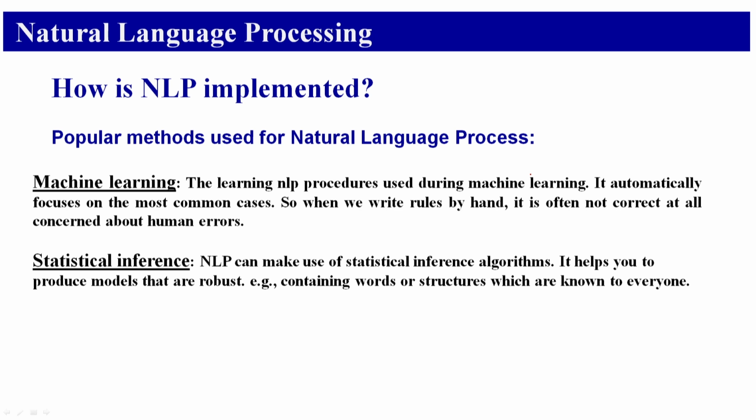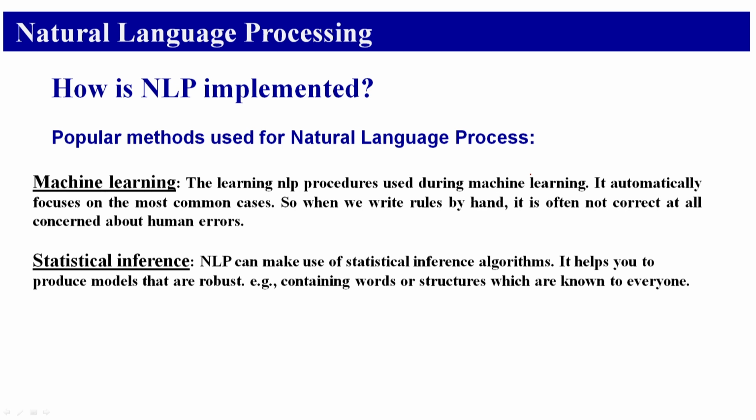And you know that these are the different steps of NLP. Now, how is NLP implemented? NLP is implemented by using machine learning or deep learning as well as statistical inference. Machine learning will focus on what the rules are and how they can be learned, all these aspects.